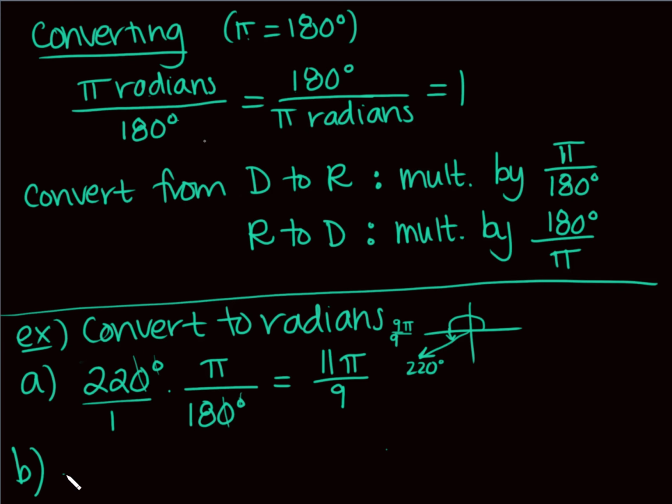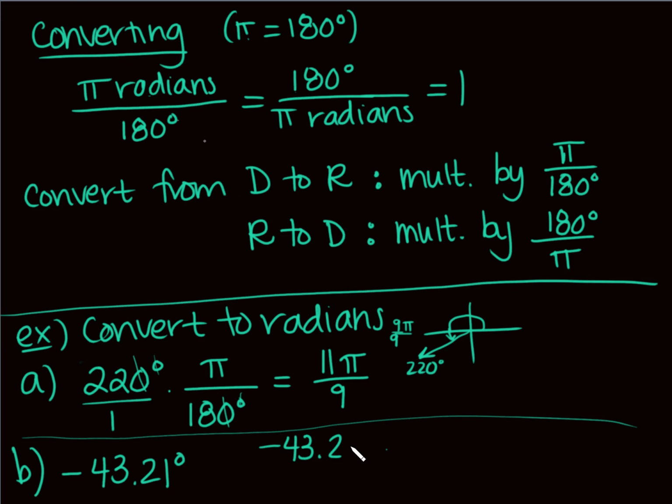So think about what that means. B, what if I had a negative 43.21 degrees? Okay, and I want to convert this to radians. I'm going to do the same thing here, and the negative just comes with me. Remember, the negative just tells me that I'm going to go clockwise instead of counterclockwise, and I'm still going to have pi on top and 180 on the bottom.